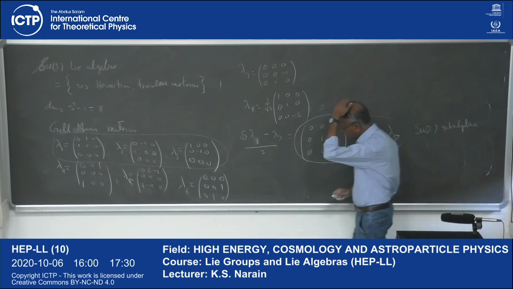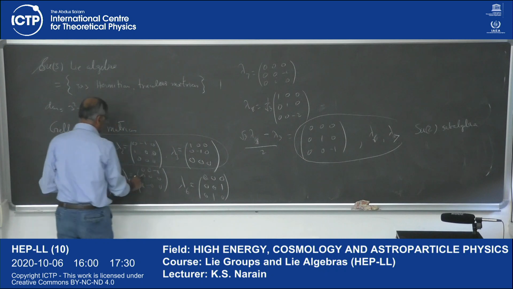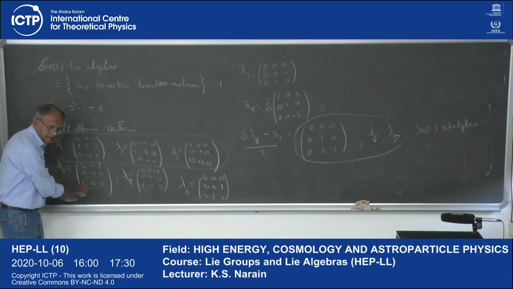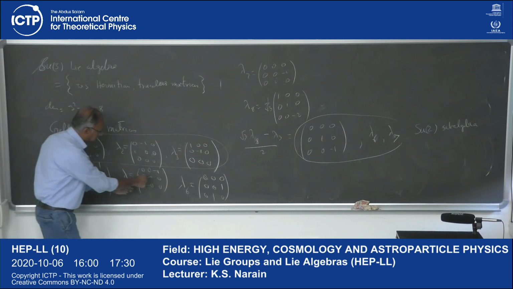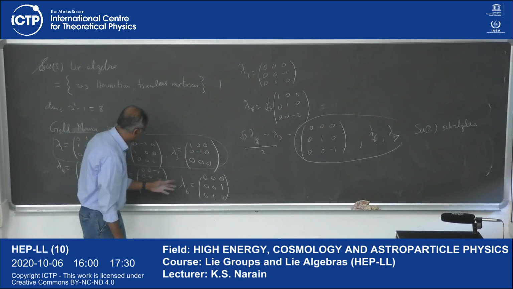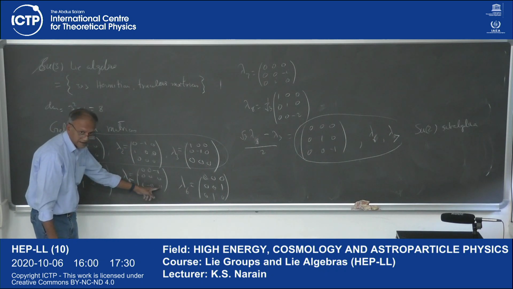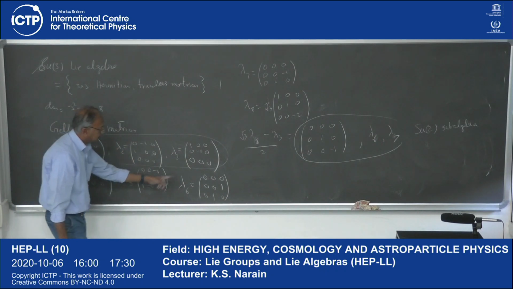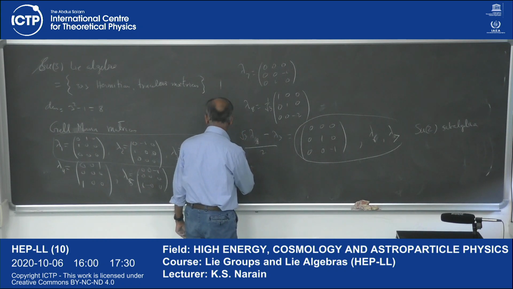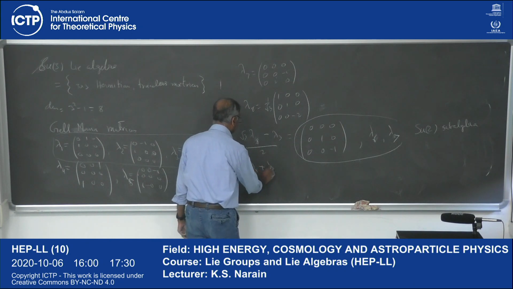And finally, you can also do something else with these guys. If I think of removing the second row and second column, then we get sigma 1 and sigma 2. Now if you want to get something like sigma 3, you should have 1 and minus 1. But then again I can choose some other combination. Now I want to get rid of this guy. So let's do root 3 lambda 8 plus lambda 3, divided by 2.